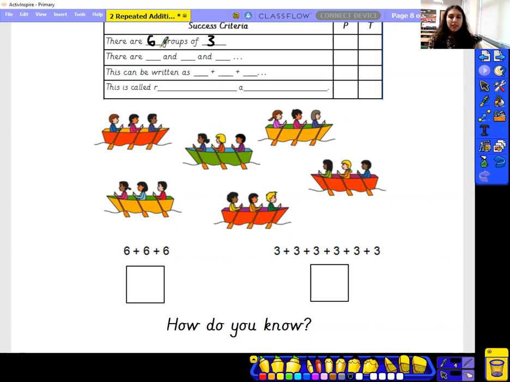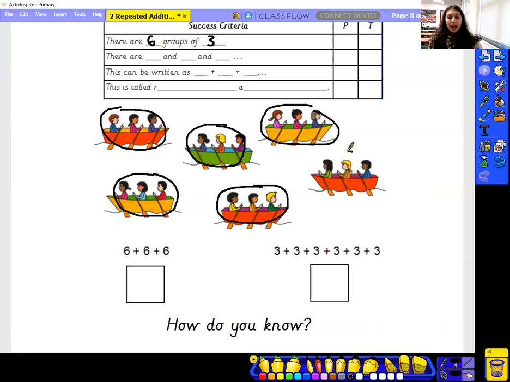So I've got 6 groups of 3. So that means whatever number I have to have that written 6 times. So I would say that there are 3 and 3 and 3 and 3 and 3 and 3.